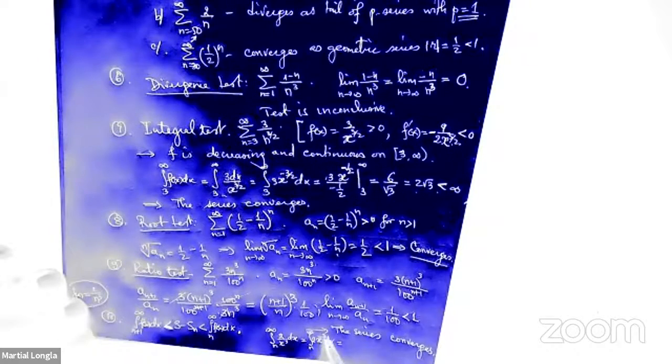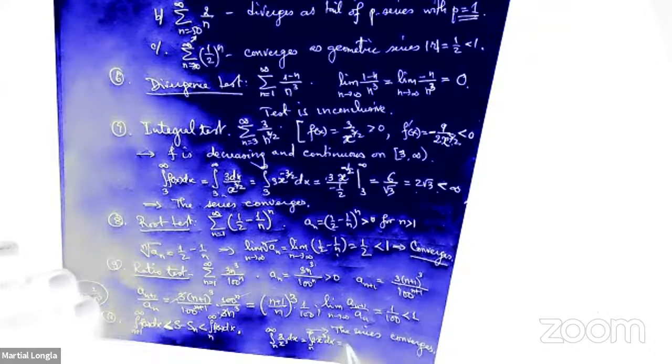So the integral from n to infinity of 2 over x cubed dx is equal to the integral of 2x to the minus 3 dx. And when you integrate x to the minus 3, what you get is x to the minus 3 plus 1, that is minus 2, over minus 2. The 2s cancel. So the integral is minus x to the minus 2 from n to infinity.